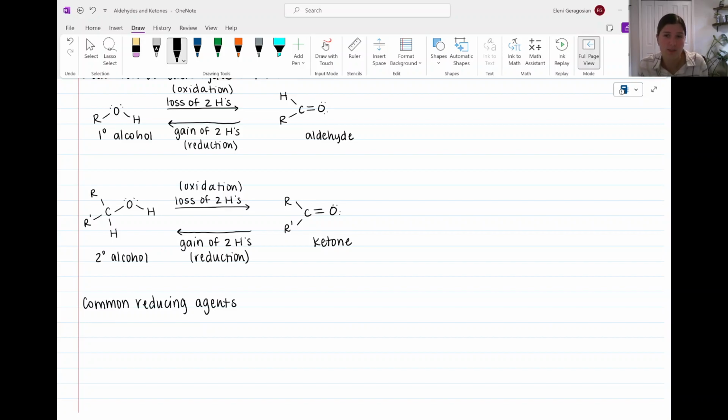They also must be a source of a hydrogen with electrons to create a bond, and we call those hydrides. So a hydride source. Now remember, hydride is a negatively charged hydrogen. So a hydride has two electrons, a hydrogen with two electrons.